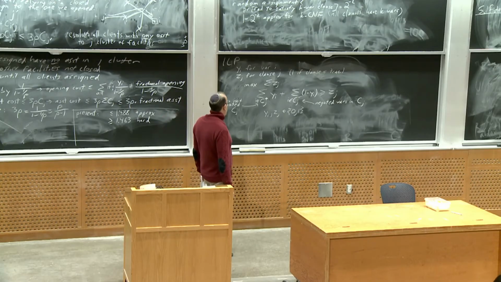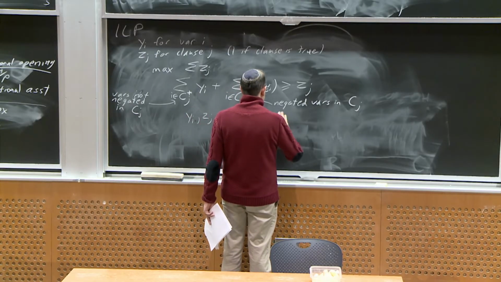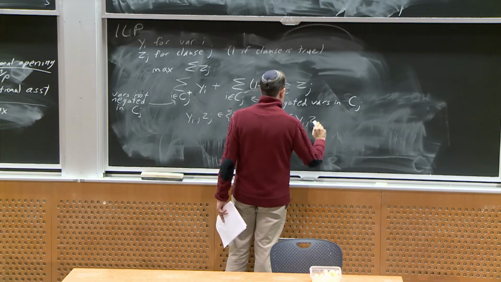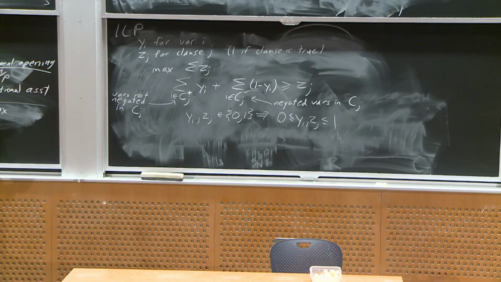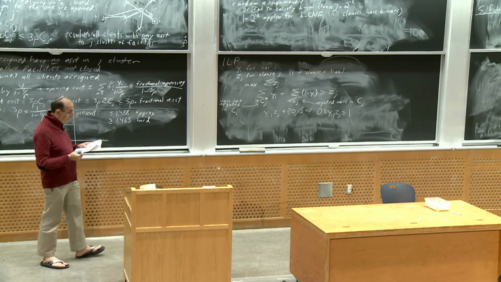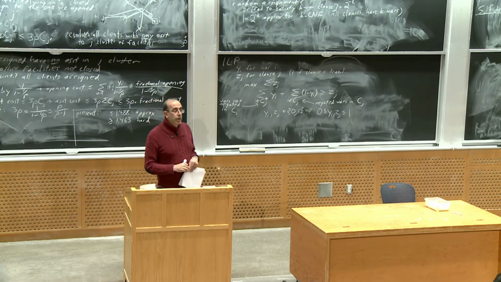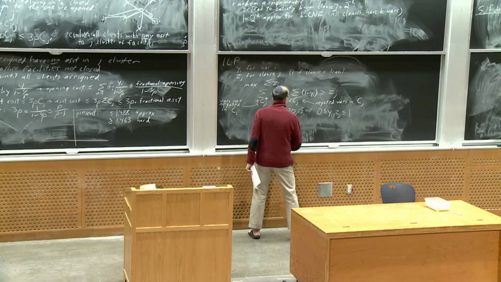Okay. And now we do the usual or the obvious relaxation. We just don't make them be integers anymore. We say these can be fractions between 0 and 1. Okay. So now we have an LP relaxation for maxsat. Again, the only hard part is figuring out how to round it.